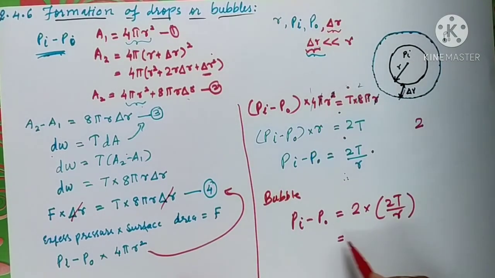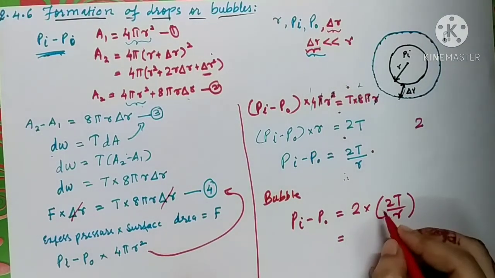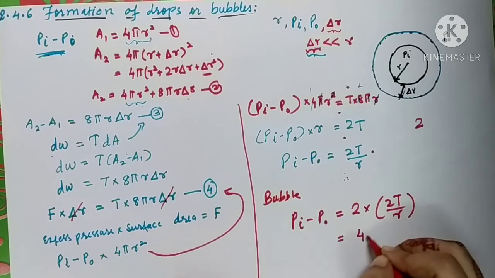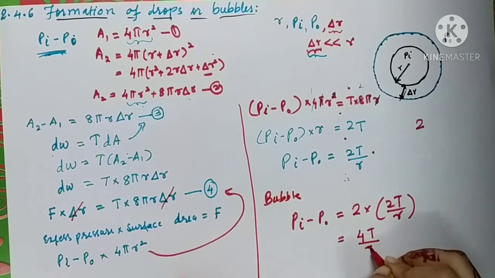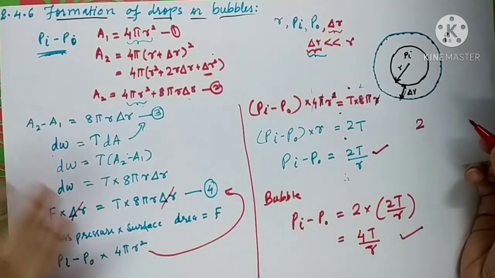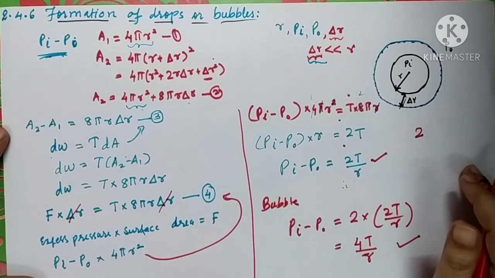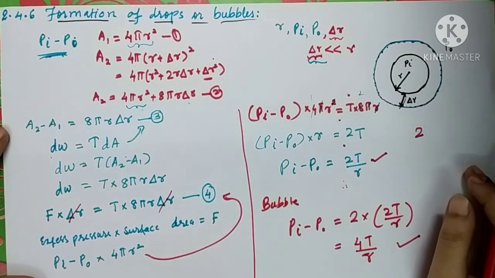So the final formula for the excess pressure will become 4T upon R. This is for the soap bubble and this is for the liquid drop. So in this way you are going to get the expression for the excess pressure inside a liquid drop.